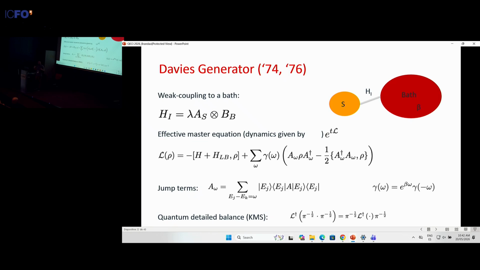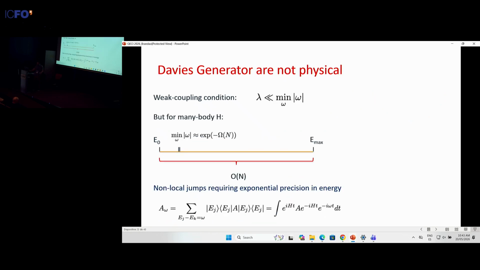If it's a system of capital N spins, you have 2^N eigenvalues, but you only have extensive energy, capital N. So how do you fit 2^N numbers into an interval of size N? Well, the gaps must be exponentially small. So this means that these jump operators are distinguishing energies which are exponentially close to one another. And indeed, this is a catch.